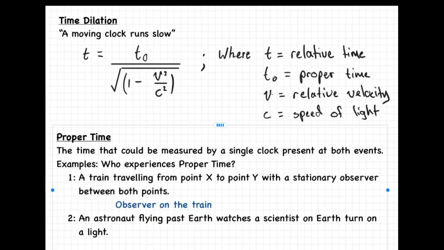Now, question 2. Hands up those of you who think it's the astronaut measuring proper time. Hands up if you disagree. Do you want to explain why you think it's an observer on Earth that experiences proper time here? Well, I'm thinking of the event is... Anyone got an argument against that?